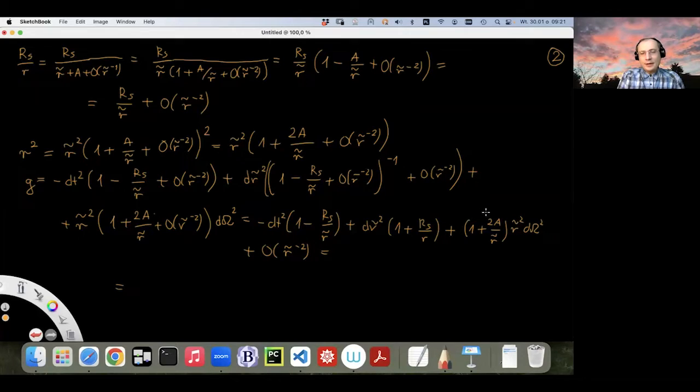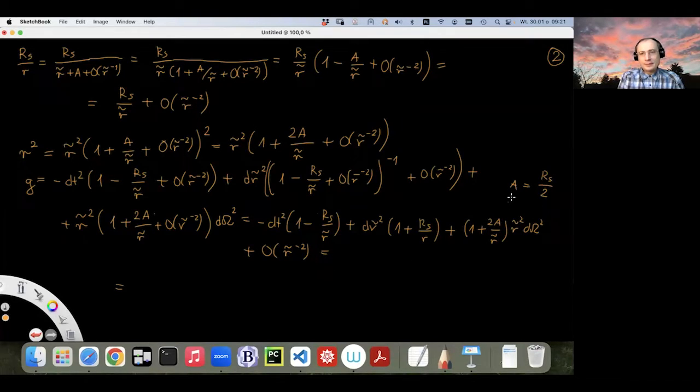Okay, so now it's time to pick our a. And look, here we add rs over r. Here also we add rs over r. So let's take a to be rs over 2.